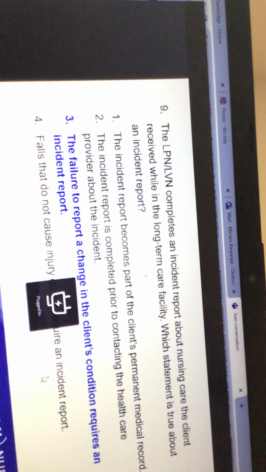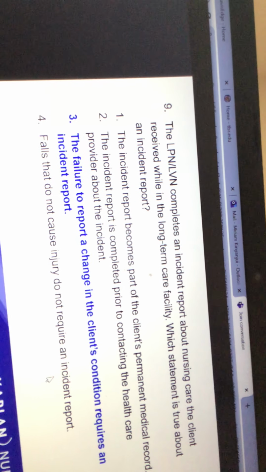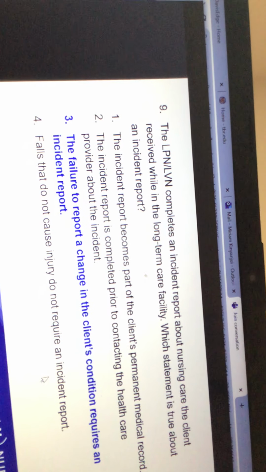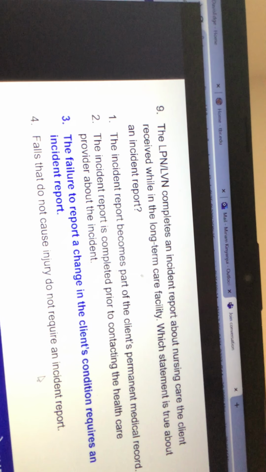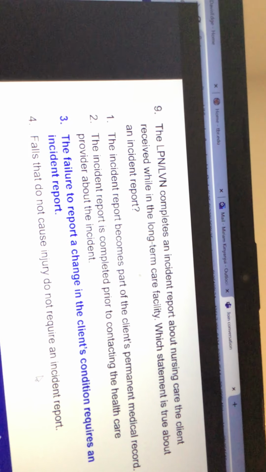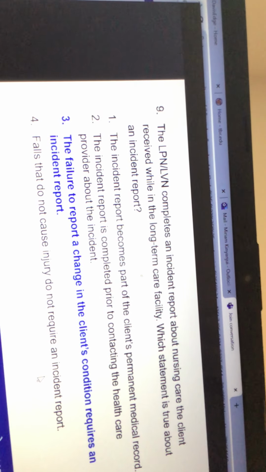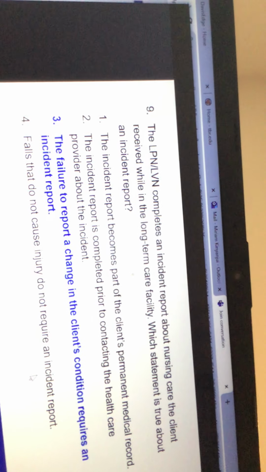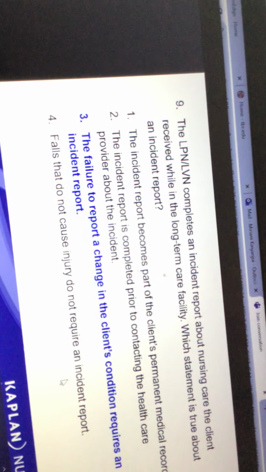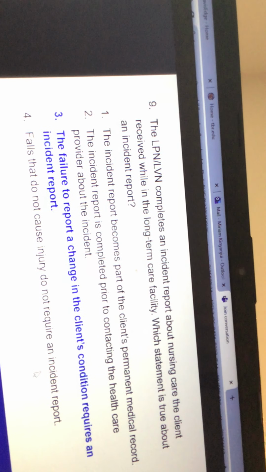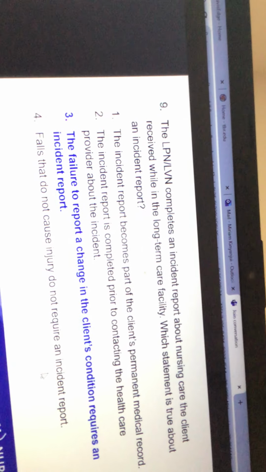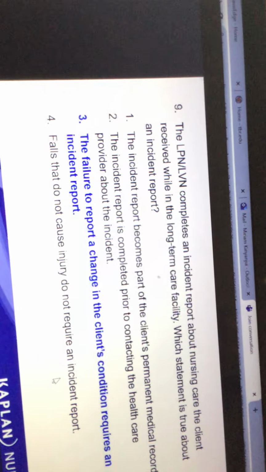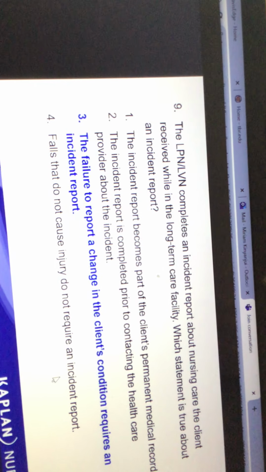What's wrong with number 2? Do you fill out an incident report before you call the doctor? No, ma'am. You'd be wasting time if they're hurt, right? If you take the time to complete the incident report, which I've heard is kind of extensive, that client could be sitting there without care. Exactly.